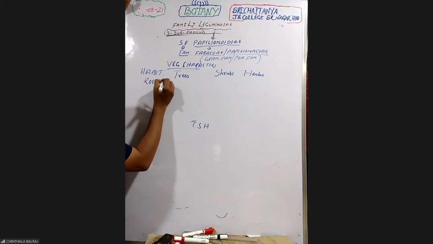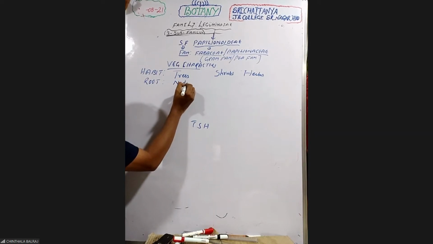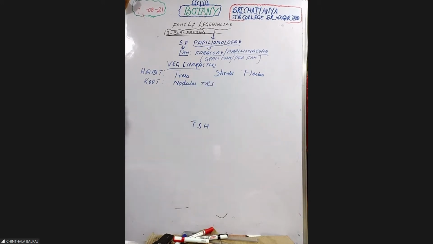Root: what type of root system is present? Nodular taproot system. Correct? Here the root system contains bacterial nodules, no? Yes, sir. This helps in nitrogen fixation. This is very, very important.